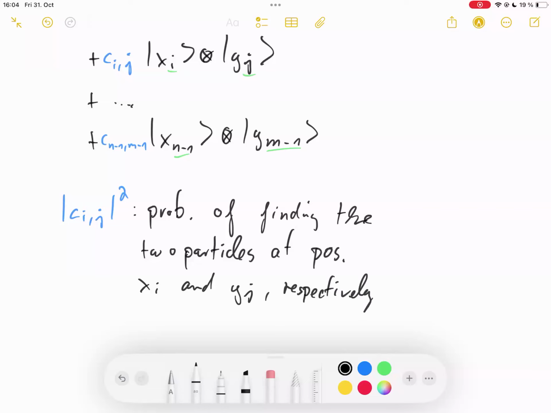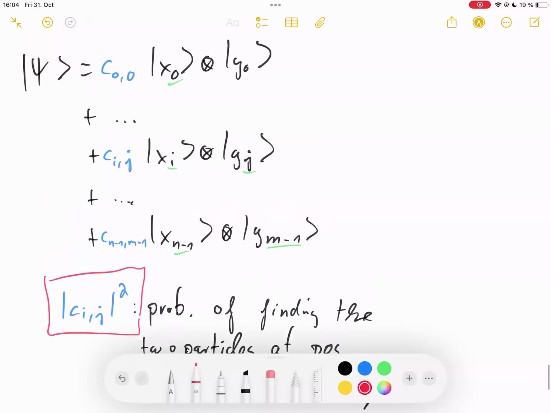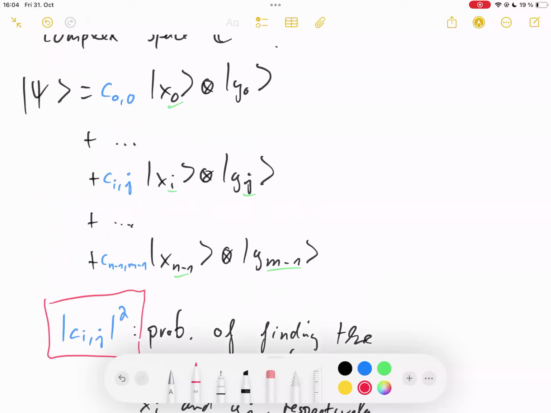After measurement, obviously. So we had this before for a single system, and now we have a composite system, and all we have is maybe different basic vectors, which are the ones in green, and I have my complex amplitudes.